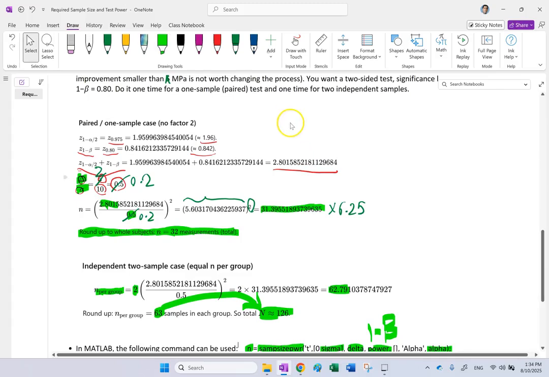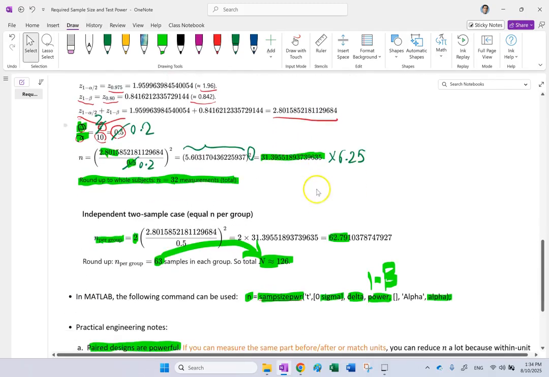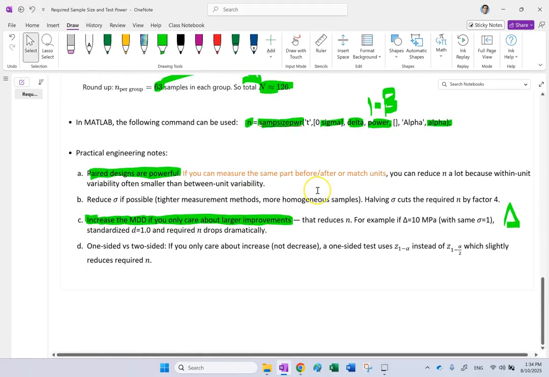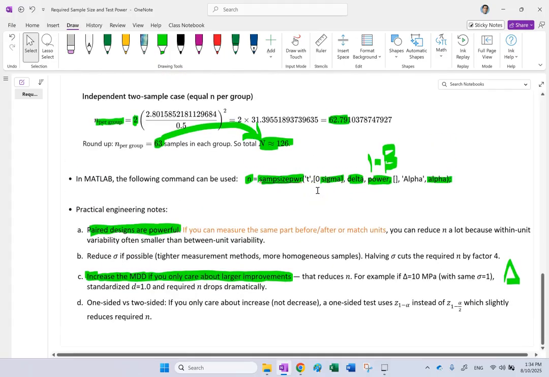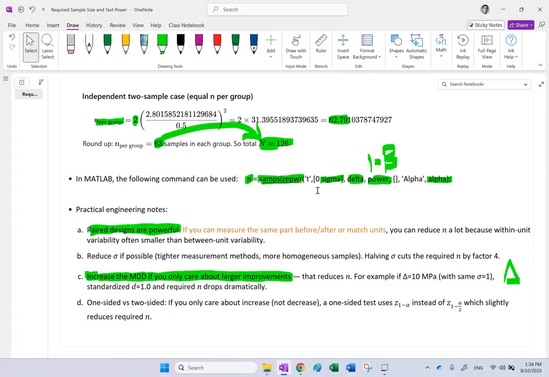So you're literally looking at 4 times more samples. So if you can do a paired test or a paired t-test, for instance, it's much better than an independent t-test. It is going to reduce it by typically a factor of 4. The question is, can you do that? That is the main thing.